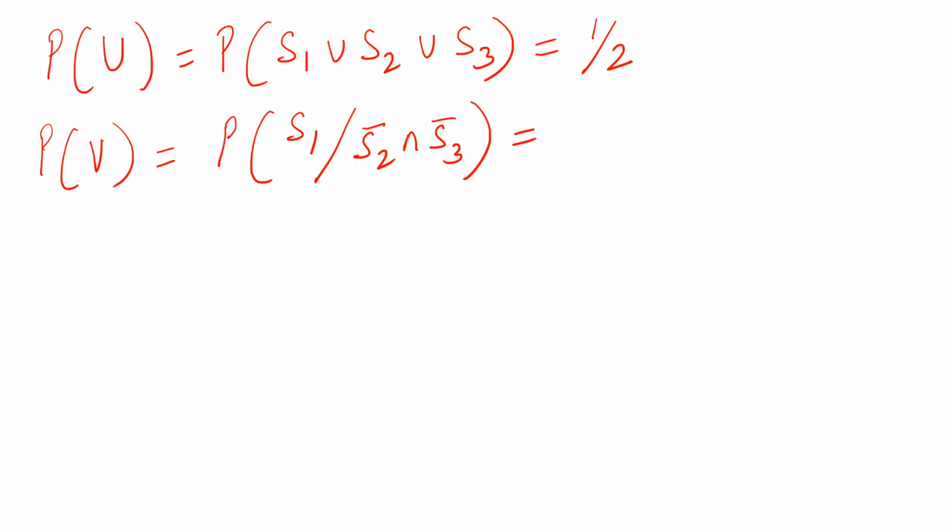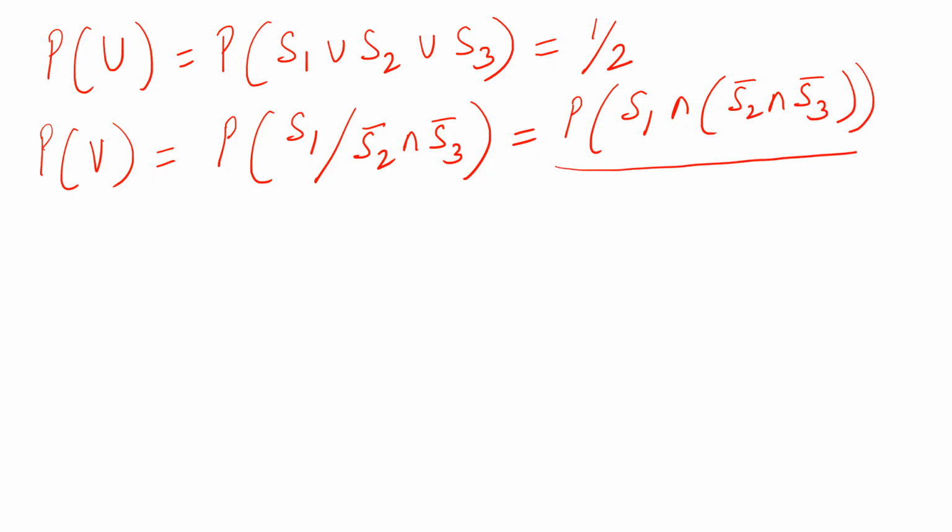And by using the formula of conditional probability, it becomes probability of S1 intersection inside the bracket S2 bar intersection S3 bar, whole divided upon probability of S2 bar intersection S3 bar, and this is given as 1 upon 10.